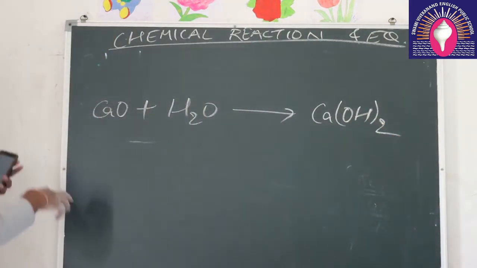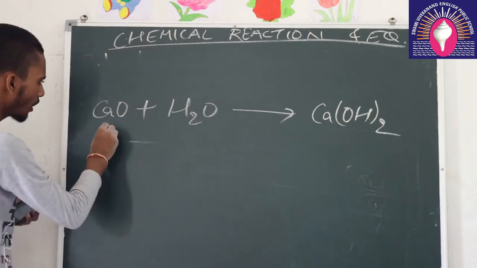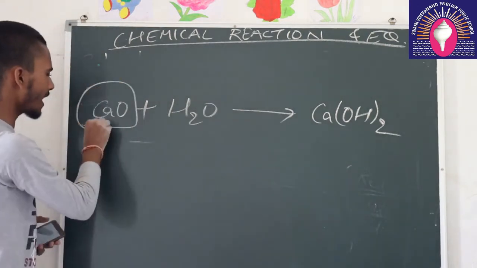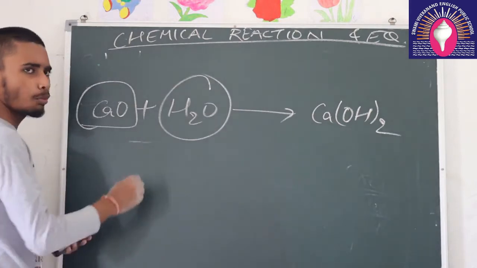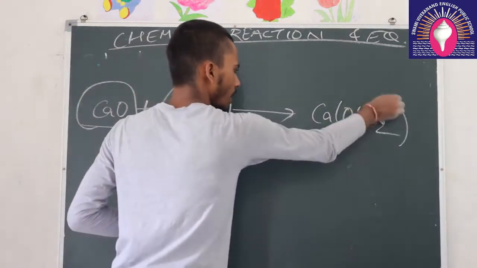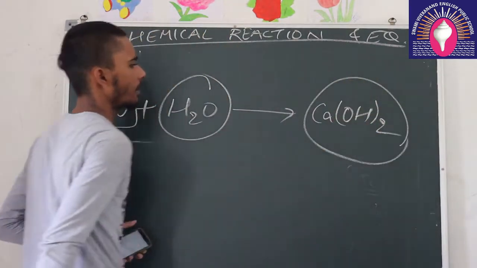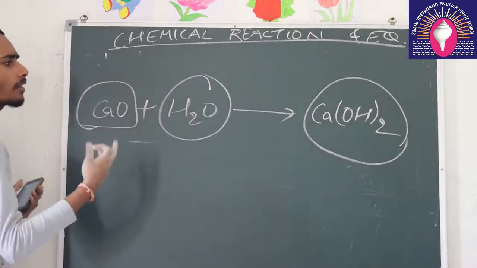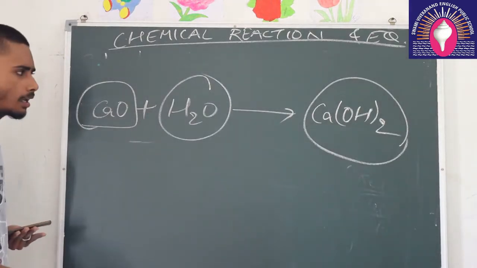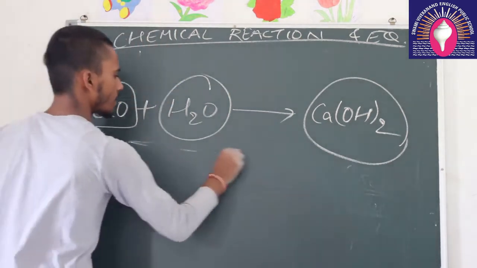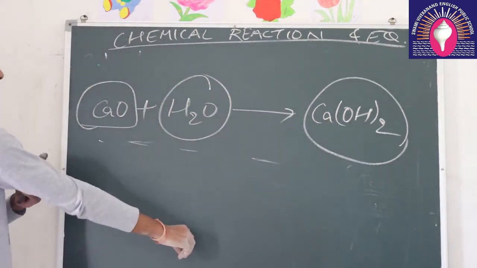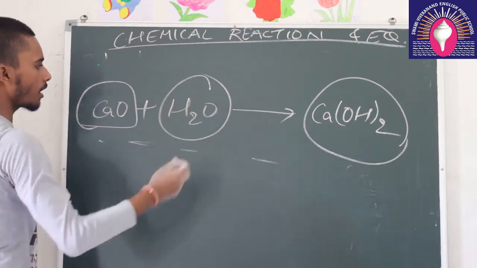But we are confused in which state this calcium oxide or this water or H2O molecule or this calcium hydroxide is reacted or is the product. What is the state of these compounds?